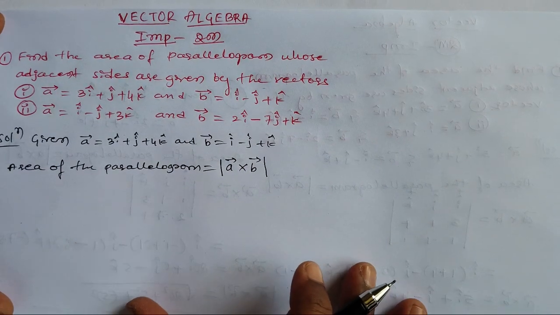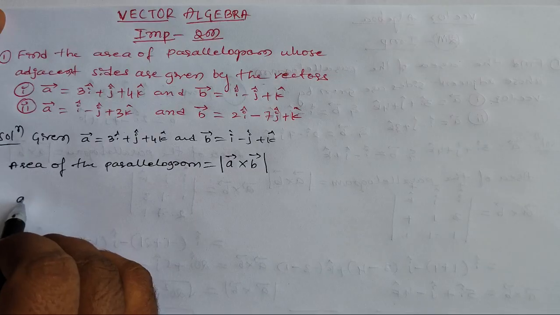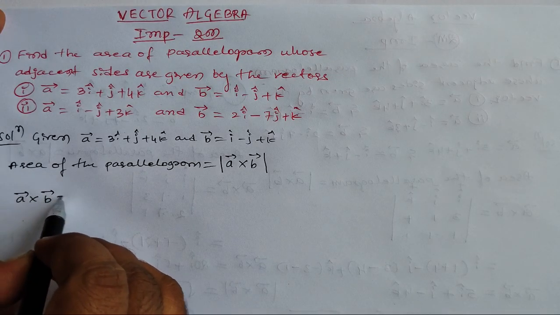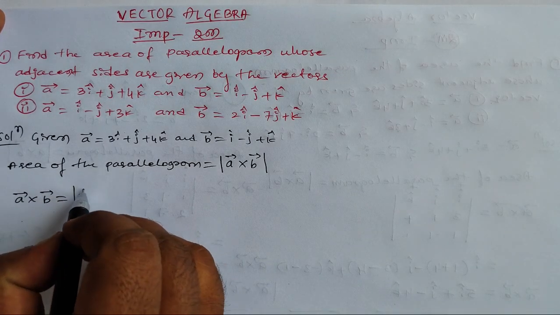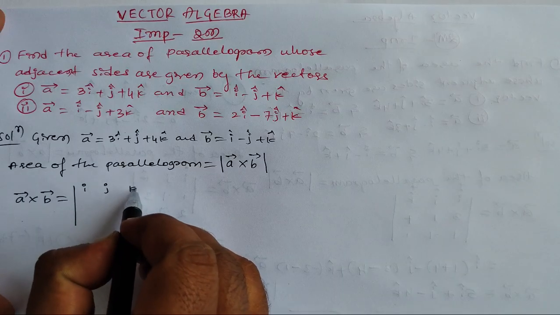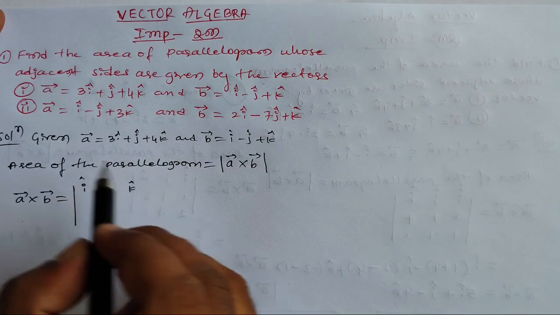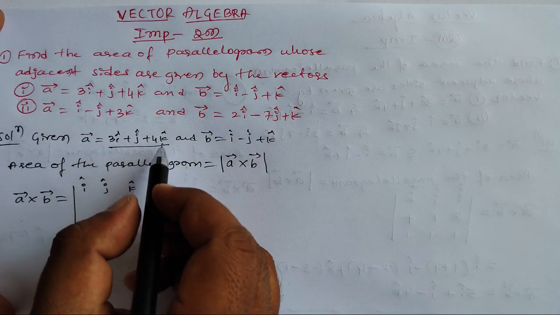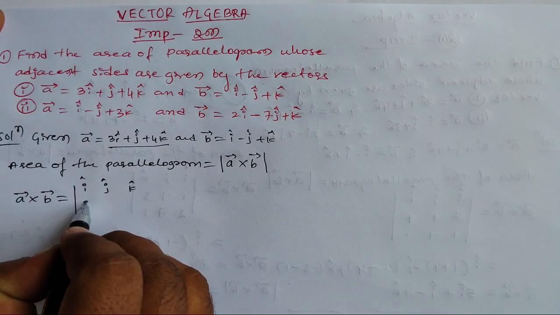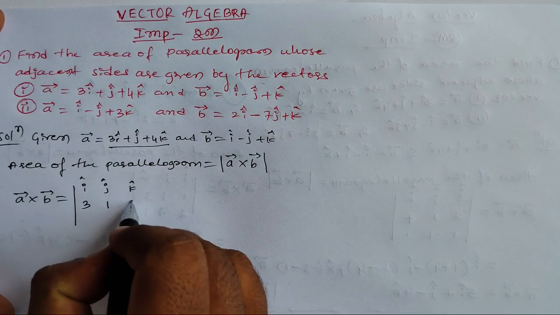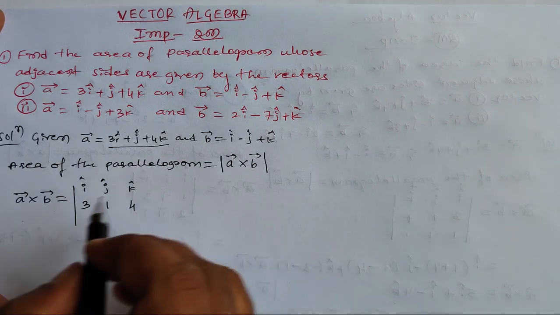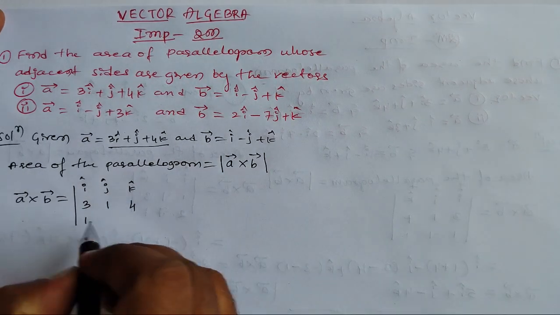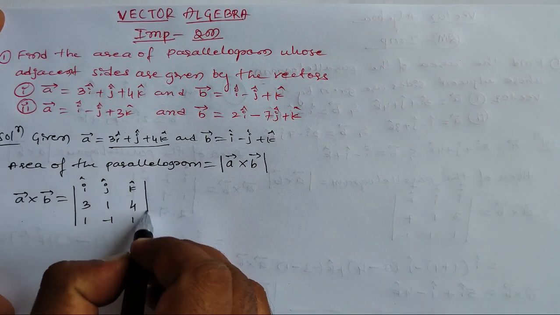Okay, first you find a cross b. A vector cross b vector equal to determinant of i, j, k. Write the a vector coefficients, i coefficient, j coefficient and k coefficient. What is the coefficient here? 3, 1, 4. Right, b vector coefficients 1, minus 1 and 1.